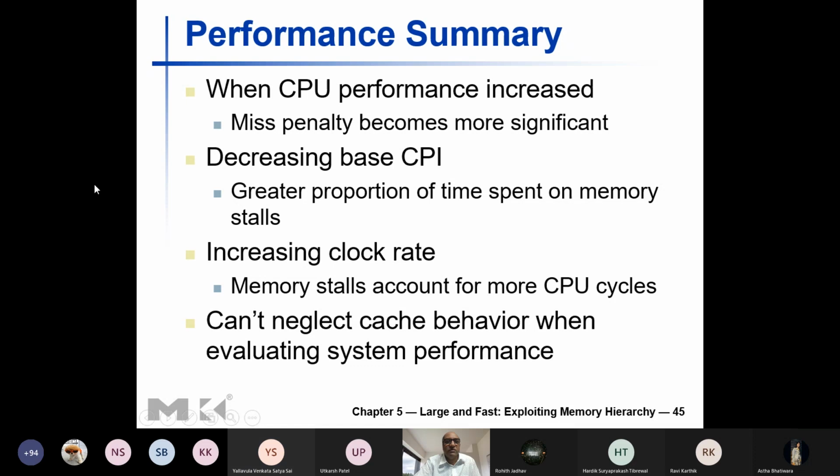So the overall performance heavily depends upon the memory stalls. It is because of the miss rate. The other one is that you can increase the clock rate. Increasing the clock rate is nothing but reducing the clock cycle.